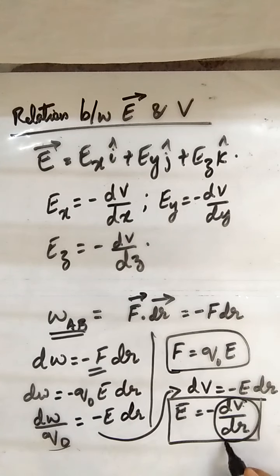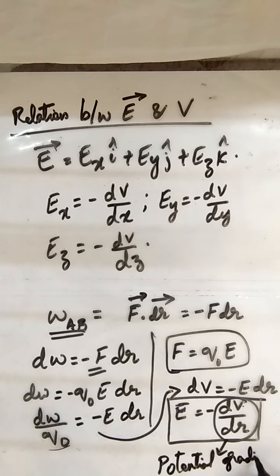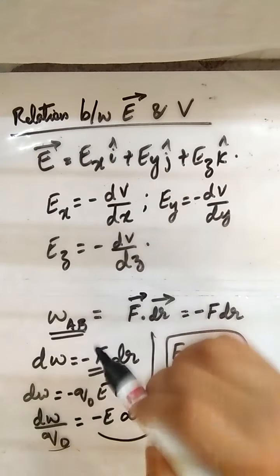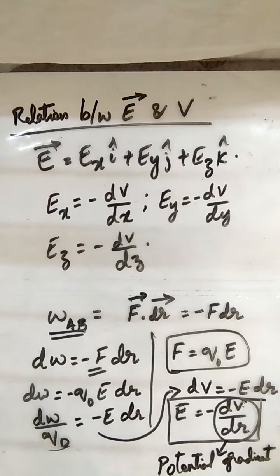This is the potential gradient. Don't you think it looks like a slope? So it is also called steepness. It is a vector quantity, as I have told you.